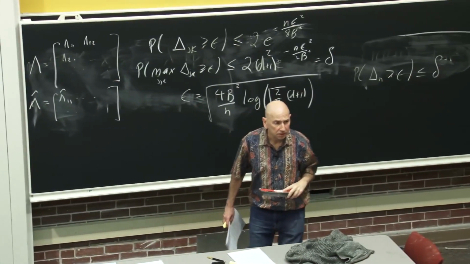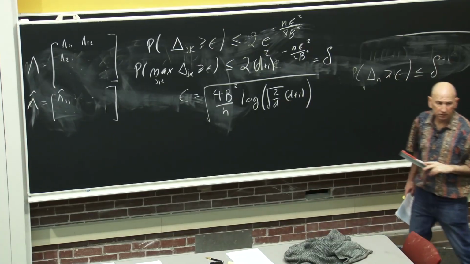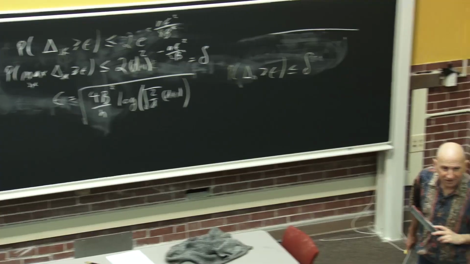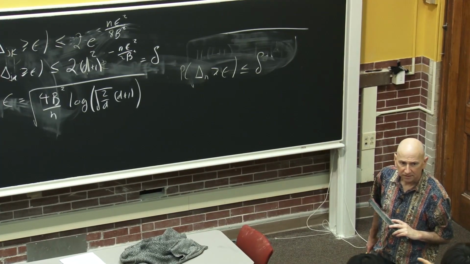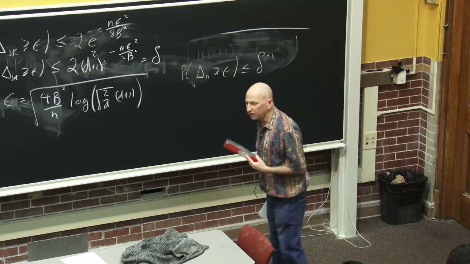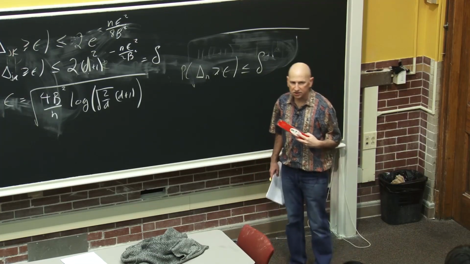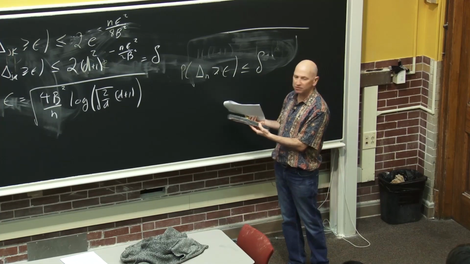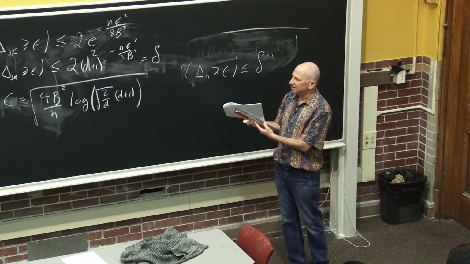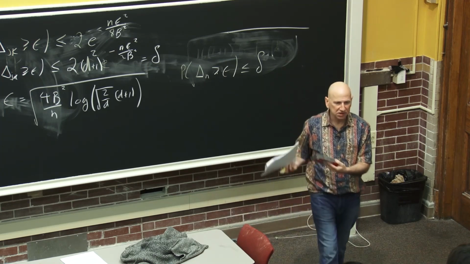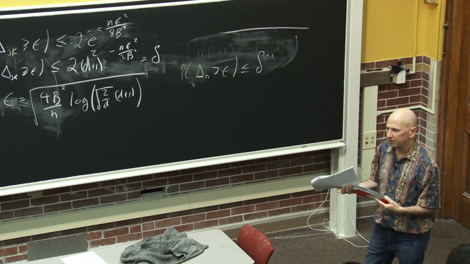Yes? Is L1 the only norm where we get logarithmic dependence on d? Oh, no. You can do similar results for other norms and other loss functions, but it just happens that because we're doing the lasso, everything works out in the L1 norm.